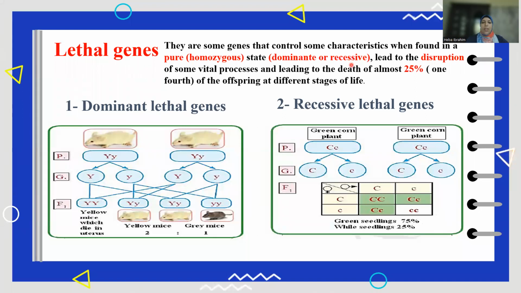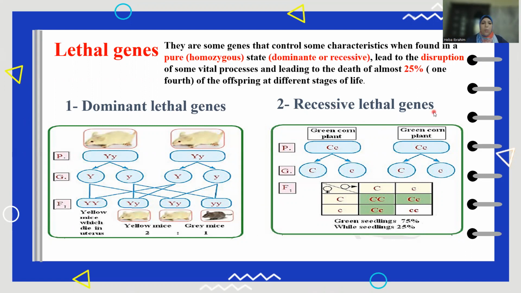When the genes are expressed in a dominant state, this case is called dominant lethal genes. If the trait is expressed in the form of pure recessive genes, it is called recessive lethal genes.